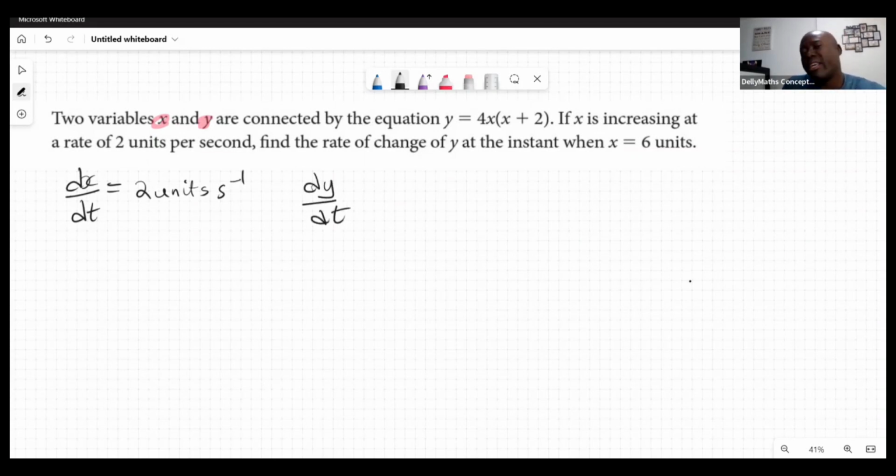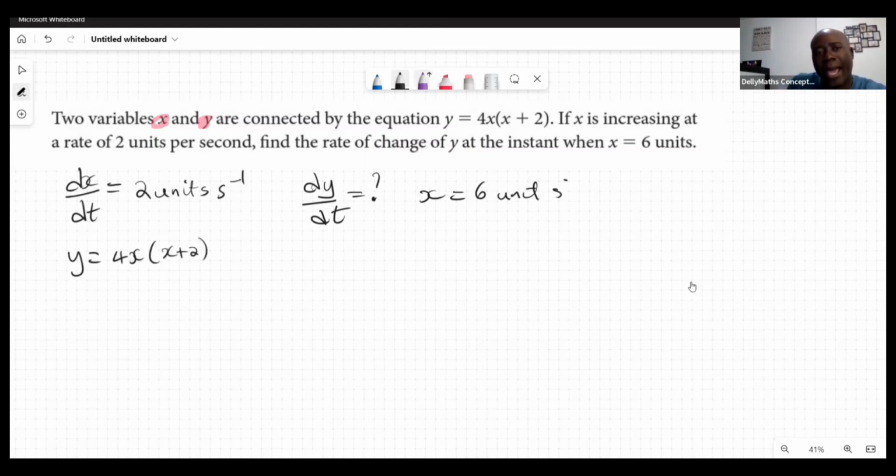You notice the moment there's a rate of change, t is going to be at the bottom. So dy/dt, we don't know. But we want to know it when x is equal to 6 units. All right. So what we want to do is to firstly take this system that we have. Remember that y is given as 4x into x plus 2.